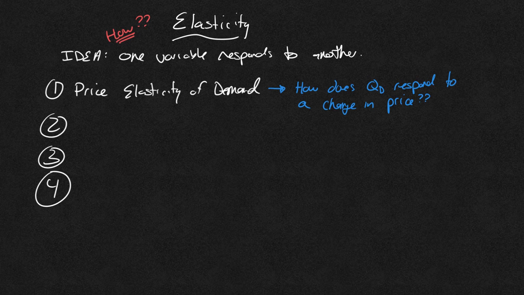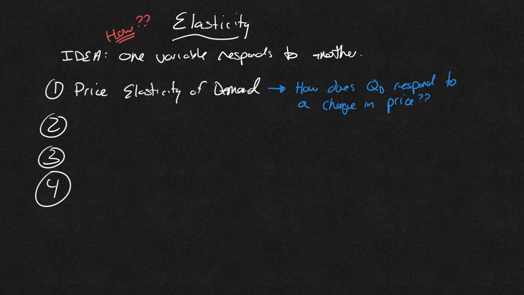So we're really looking at this idea that the quantity demanded of a product is going to respond to a change in the price of that product. For example, if the price of oranges goes up, we know that the quantity demanded is going to go down. But by how much? How does it respond? That's what most people think of when we hear the term elasticity. They think of price elasticity of demand. That's the most common one that's spoken about and talked about in an introductory microeconomics class.